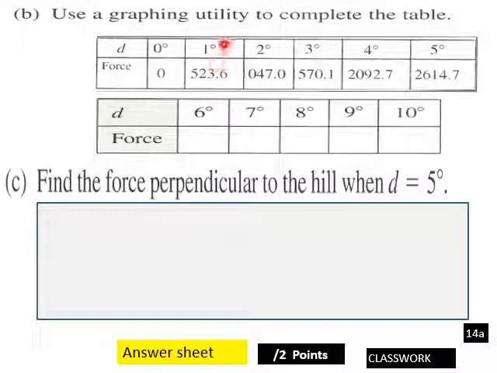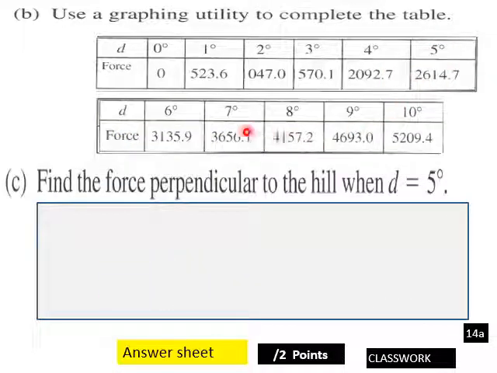At 1 degree it will be 523.6, then 547.0, then 570, and so on, up through 5 degrees. That would be your solutions. As we get steeper, we have to apply more force to hold the truck still, until you get to 10 degrees on the ramp, where you'd need about 5,200 pounds of force to hold it.